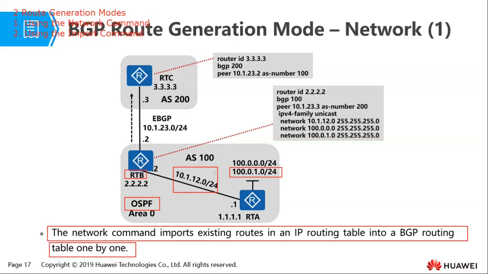In RTB, we have also configured a static route to the 100.0.0.0 network. So this one is a direct route, this one is a static route, this one learned through OSPF, and this one is a direct route. Now, RTB can advertise all these networks to its EBGP peer by using the network command like this.